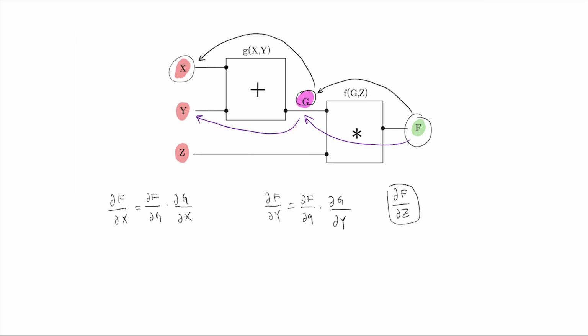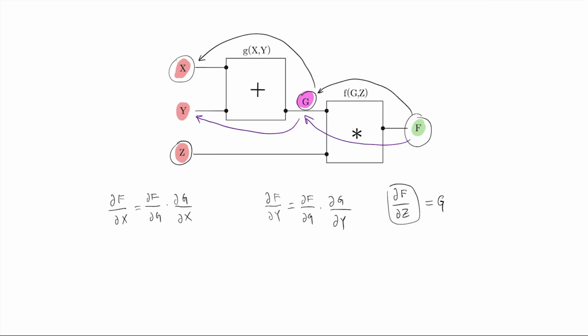The first input is g, and the second is z. We are asking what's the partial derivative of f in terms of z, and as we know, if we have multiplication, the partial derivatives are kind of the opposite values. So if we have x and y as inputs, the partial derivatives will be y and x, the other one. So the partial derivative of f in terms of z will be the other one, which is g. So this is equal to g.